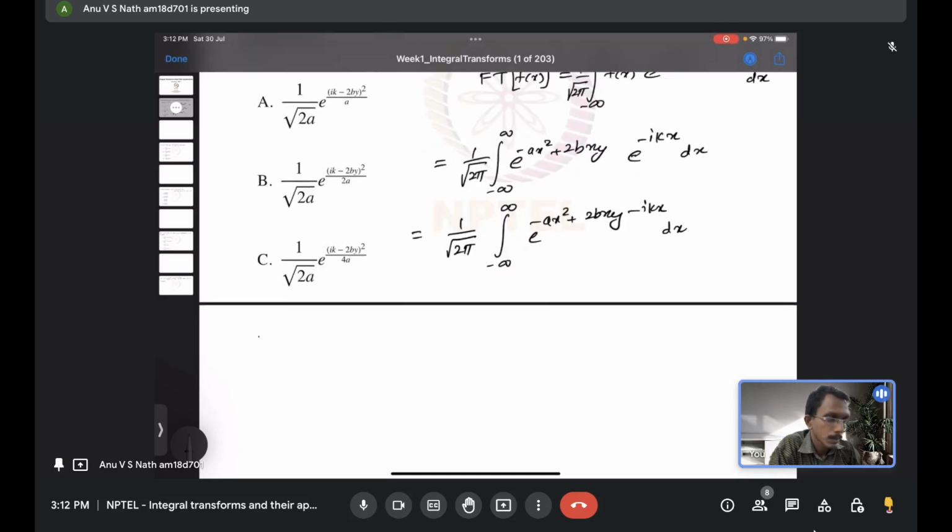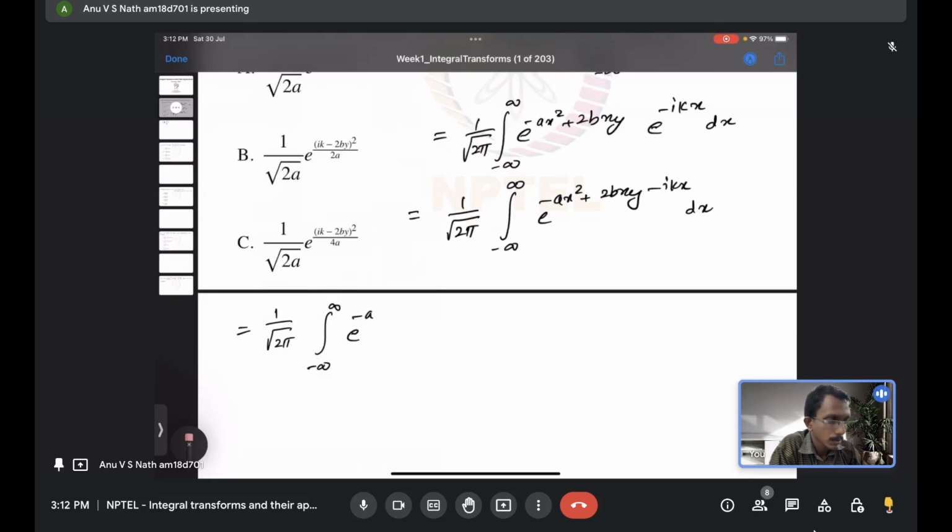Then what we now need to do is, in the exponential we have to take out the minus a. Okay, before that I will just write one more step without skipping. Minus a x square plus, taking the x common out of the next two terms, like x into 2by minus ik, dx.